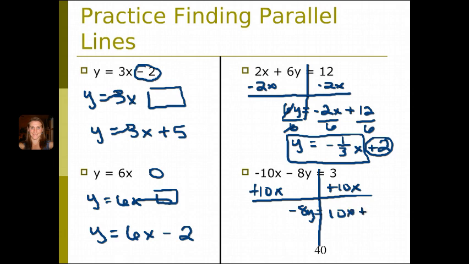Divide everything by -8, and you're left with y equals -5/4 x minus 3 over 8.